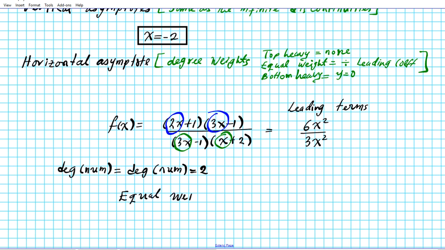When you have equal weights, you simply divide the leading coefficients, or the leading terms, you get the same thing. 6 divided by 3 is equal to 2. So our horizontal asymptote is the line y equals 2. Okay? So that is our horizontal asymptote.